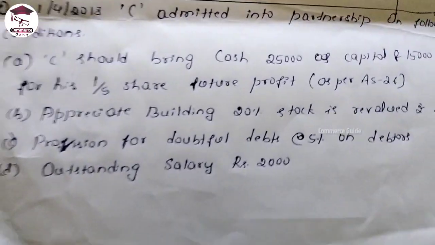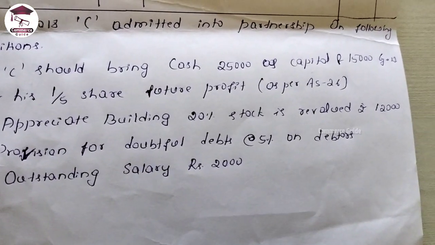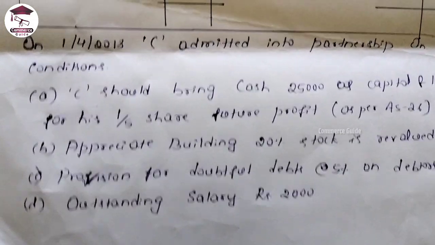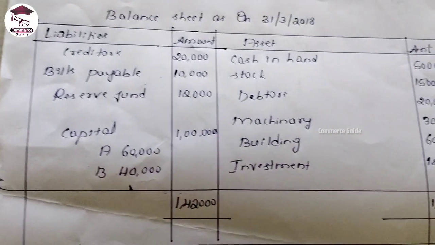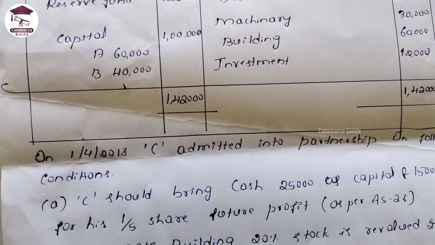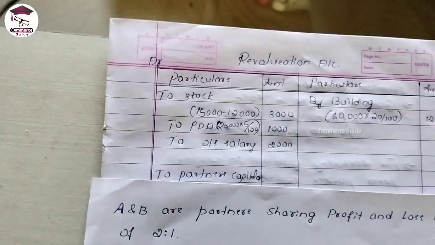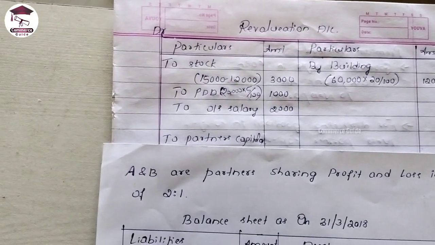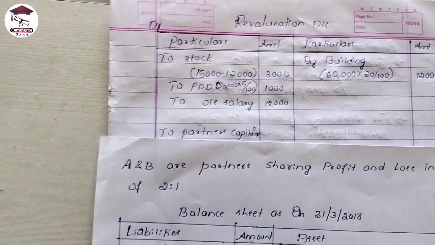Then stock is revalued at rupees 12,000. What is the value of stock here? The value of stock is 15,000, so it is reduced to 12,000. It will come under the debit side, to stock. 15,000 minus 12,000, we get 3,000.